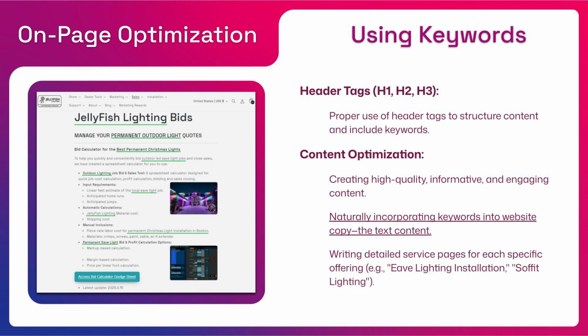So here's some examples. One thing that the bots like is seeing if they're organized in the same way we as humans tend to like our documents organized. We're going to use a header. They're called header tags, right? And then what content's on there. And I highlighted this to make sure I point out naturally incorporating keywords into the website.